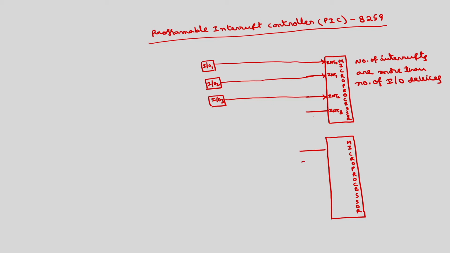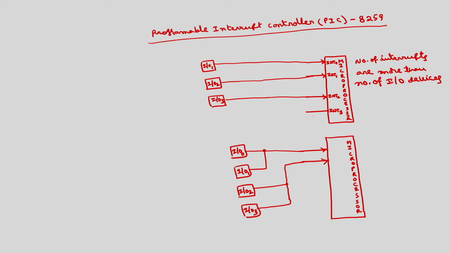Suppose I have only 2 interrupts and 4 IO devices. Then you have to connect at least 2 IO devices to each interrupt. You have to connect these 2 to the same interrupt, and similarly these 2 to the same interrupt. In that case, you have to assign the priority and resolve the problem.